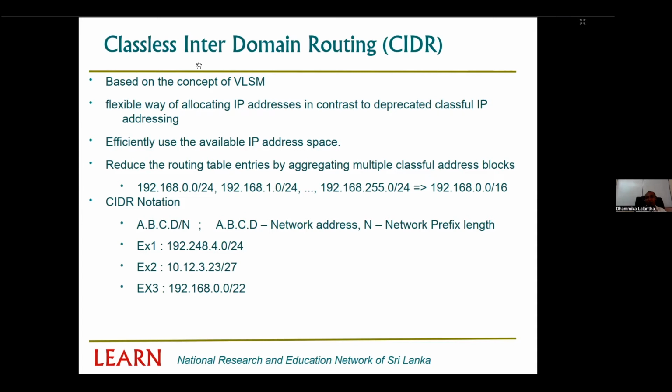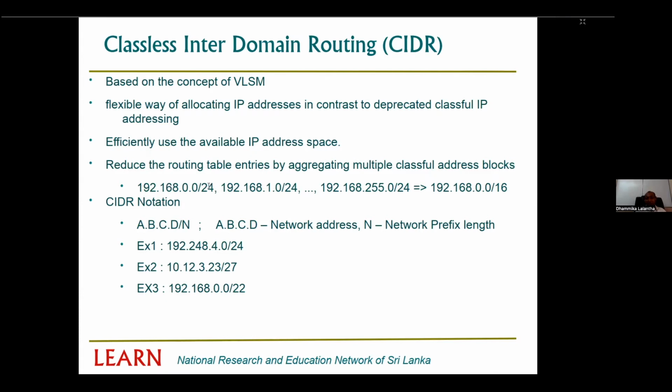So imagine these are private address spaces. We are not announcing private address spaces to the internet. Imagine these are real IPs, real subnets. So what if we are going to announce them?